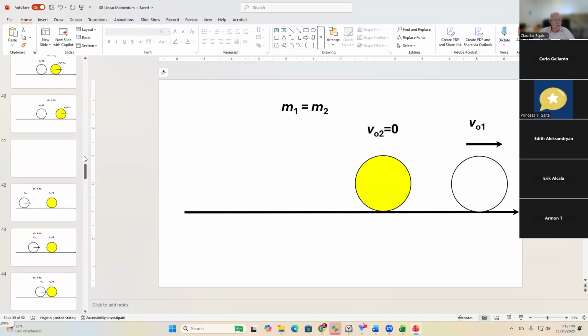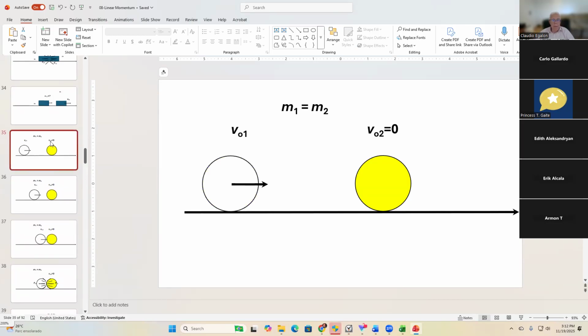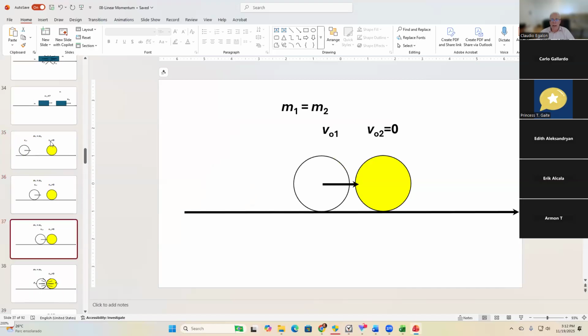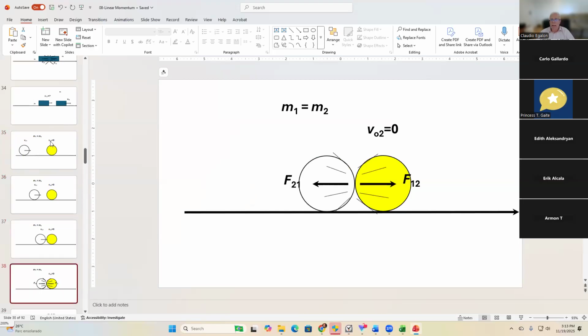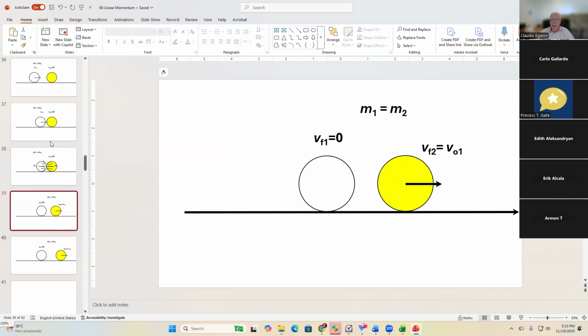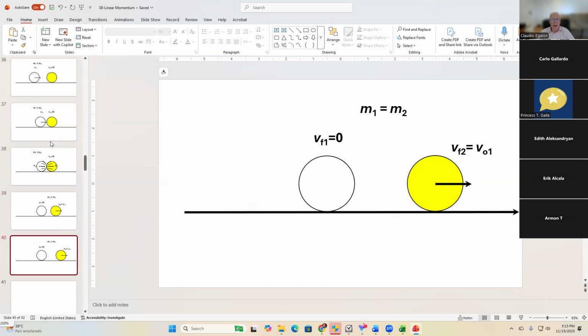The actual physical condition during a collision like that. The first object approaches the second one. They interact. The force that 2 applies on 1 slows it down or even brings it to a stop. And the second object takes off with the same velocity that the first object had initially.